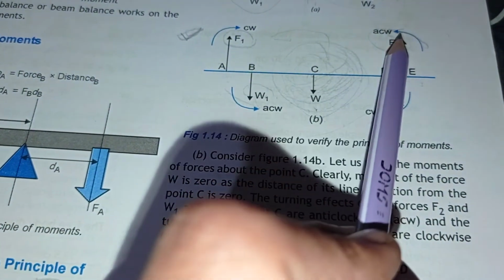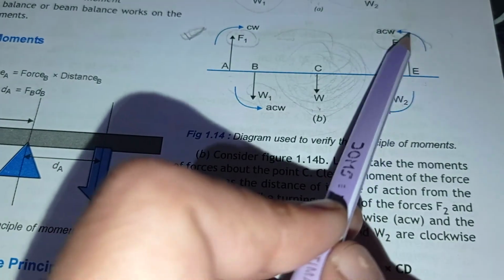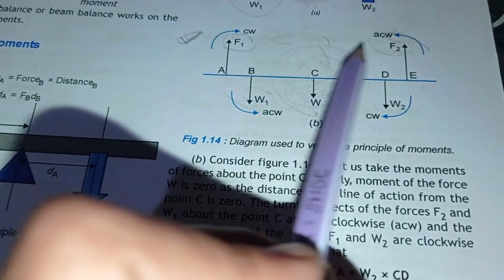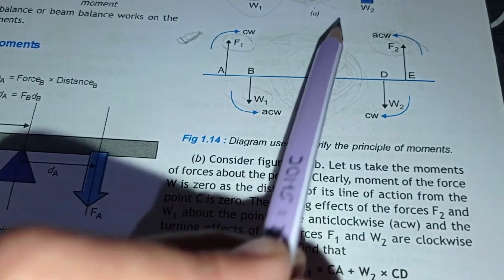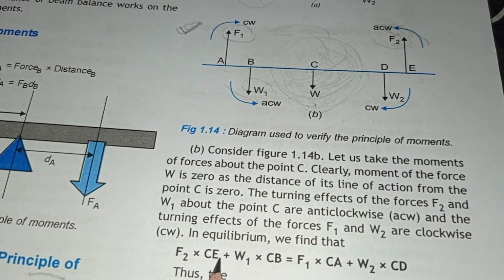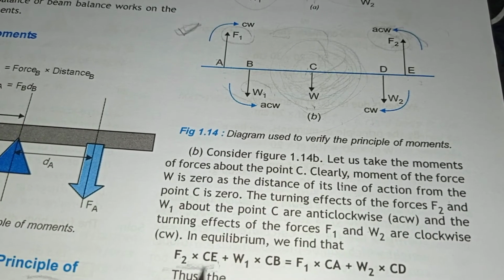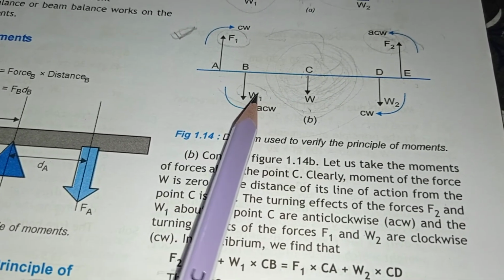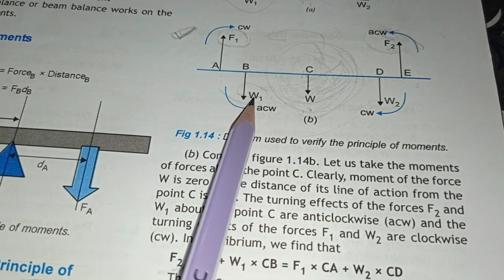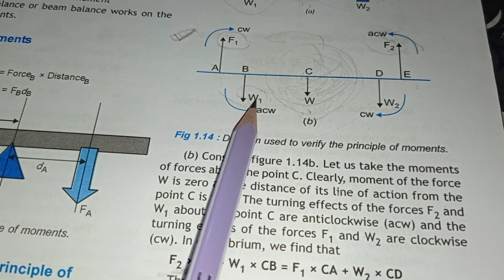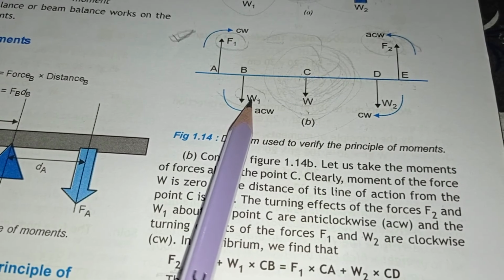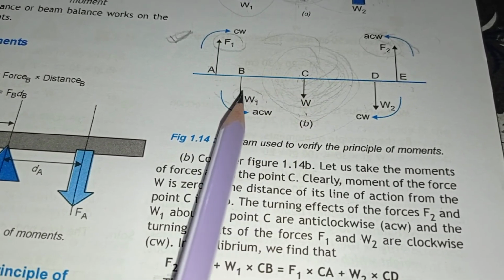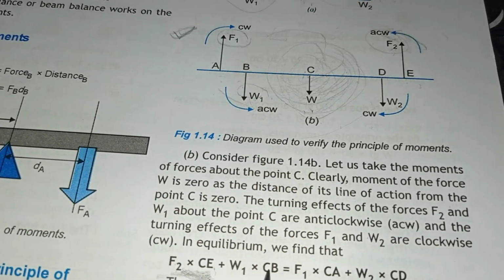Since F2 is the turning force which rotates this apparatus in the anti-clockwise direction, here we write the moment of force F2. In a similar manner, we can write the moment of force W1. What is the perpendicular distance of W1 from the center of gravity? CB. So here we multiply W1 with CB.